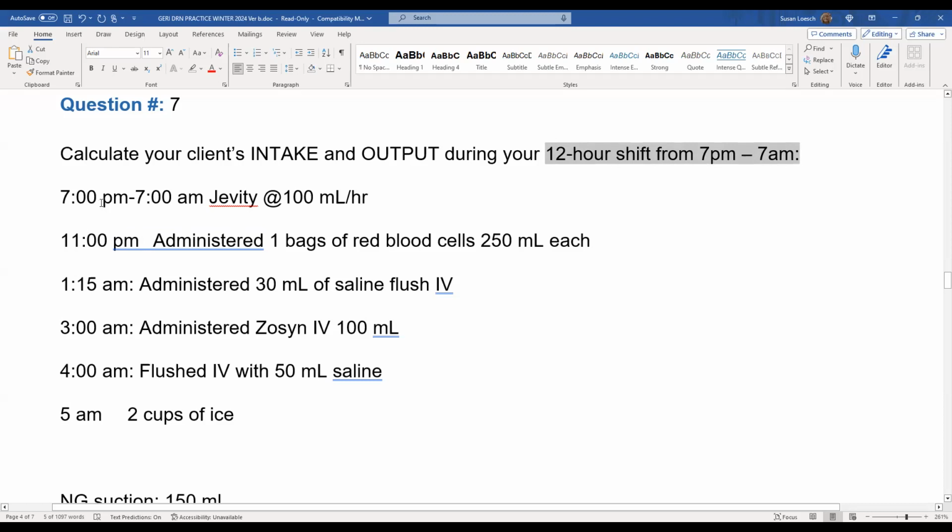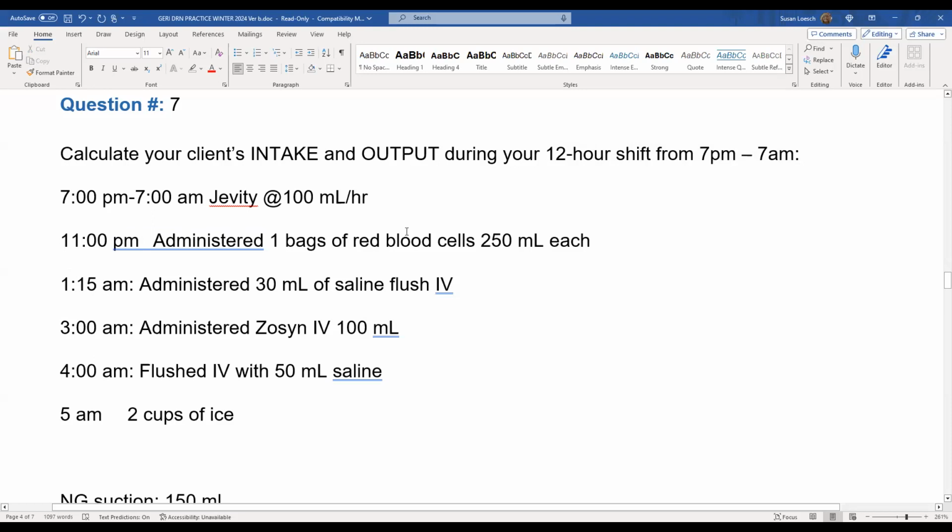We're going from 7P to 7A. So 11P does fall within that. This falls within it. This falls within it. So you want to go down first and make sure that everything falls within it, because if not, you want to cross it out or get rid of it.